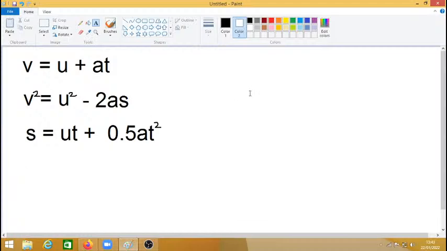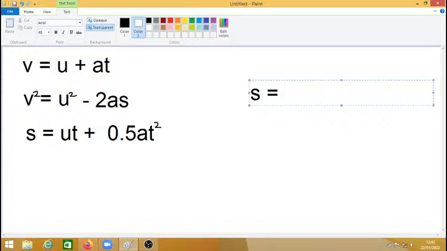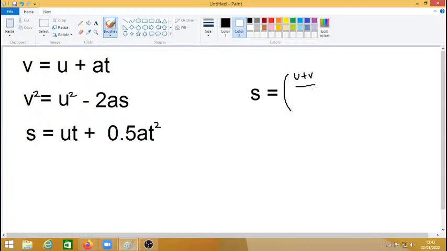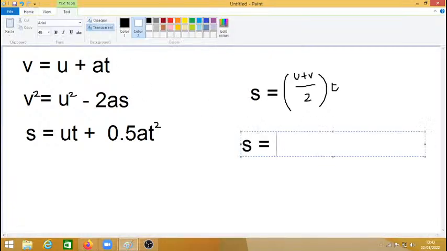But just in case, so that you don't get surprised if you ever see them, another formula that we could use for distance or displacement is (u plus v) over 2, times time. And then there is another formula again for distance: s is equal to vt minus a half at squared.